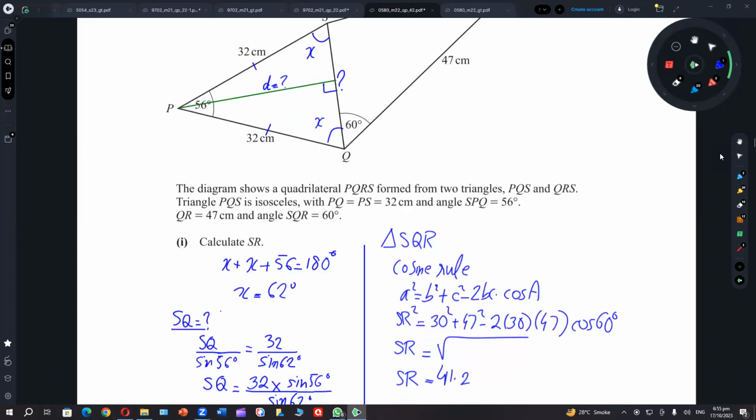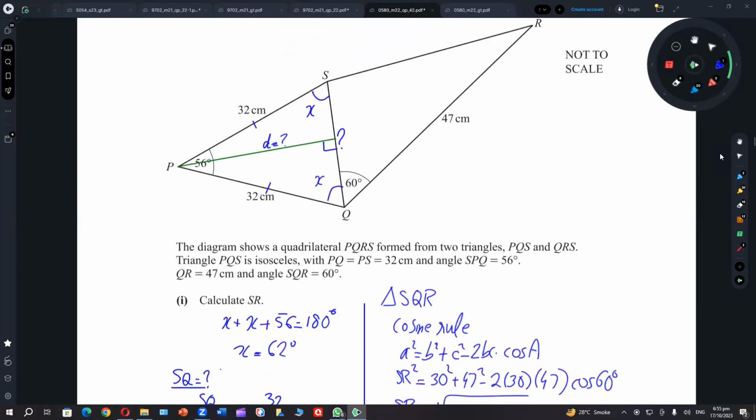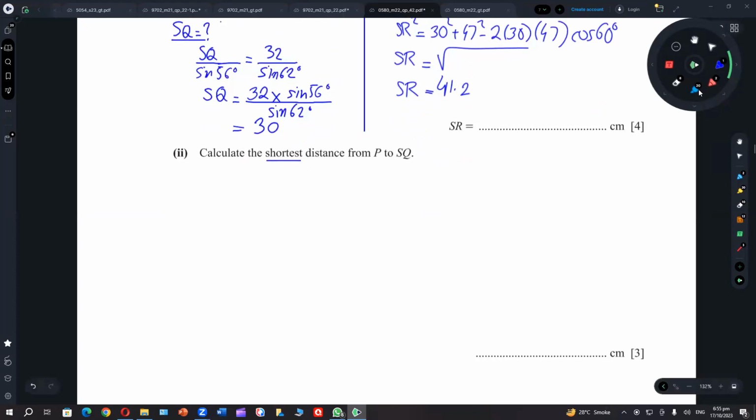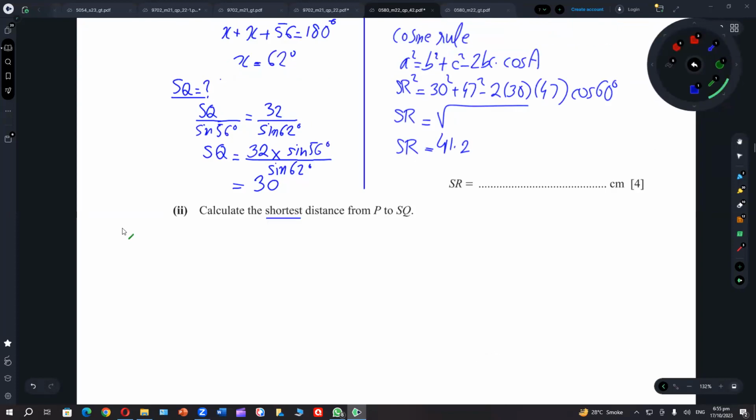So we have a right angle triangle and we can solve it because we have the angle X and we have a side 32. So I think it's simple because it's a right angle triangle case.